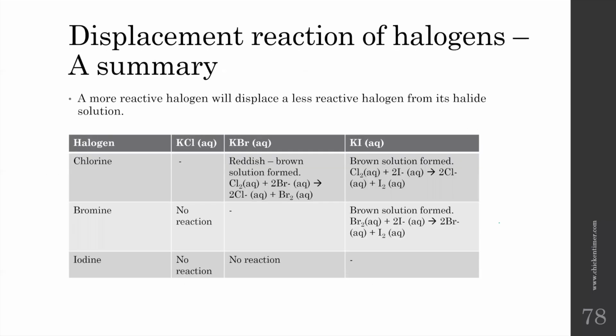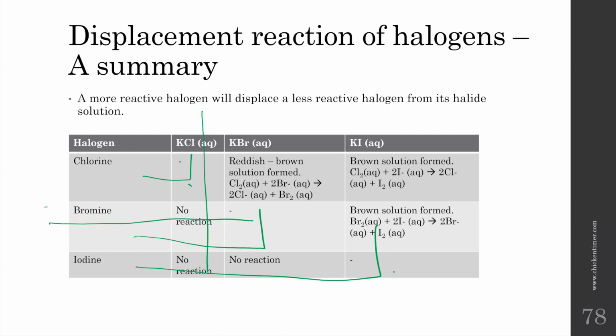So this is a summary, and equations are given to you as well. The ones with dashes mean bromine with bromide and iodine with iodide, so there's no reaction. Bromine with chloride: bromine is less reactive than chlorine, so there's no reaction.